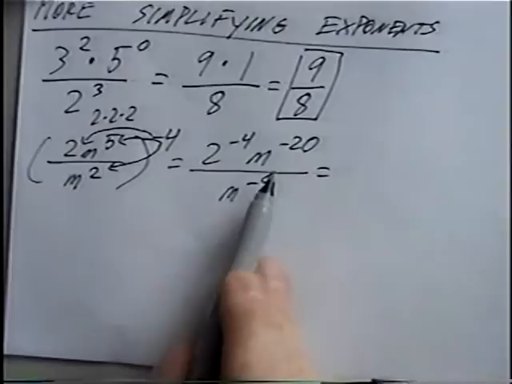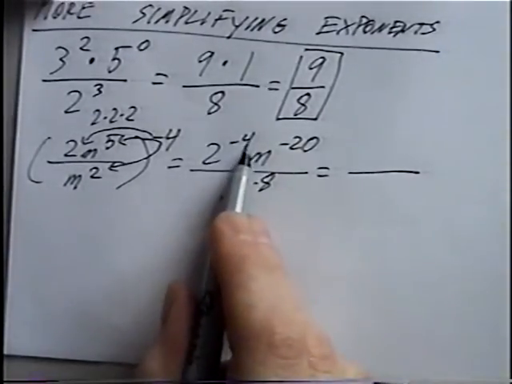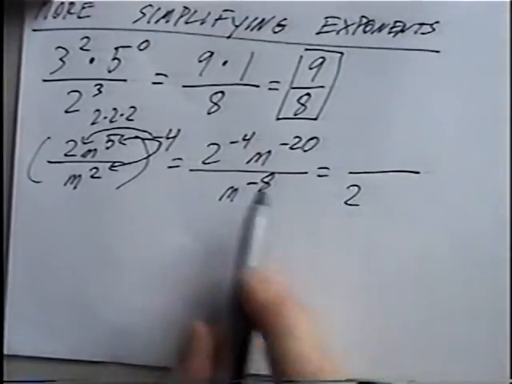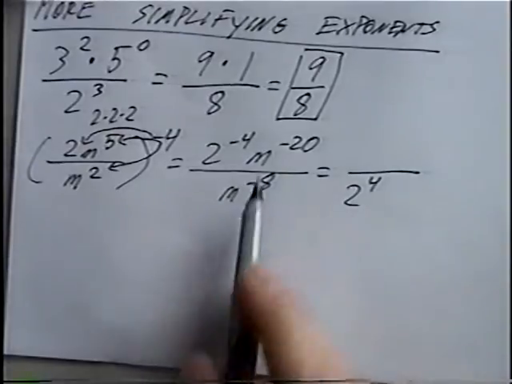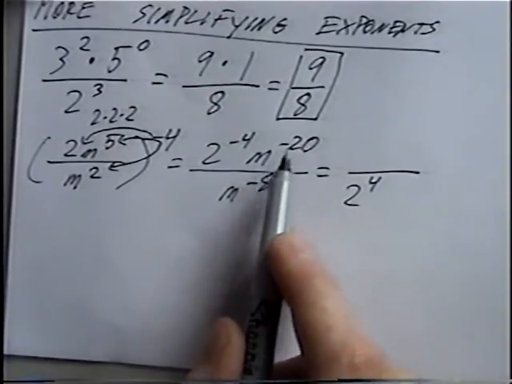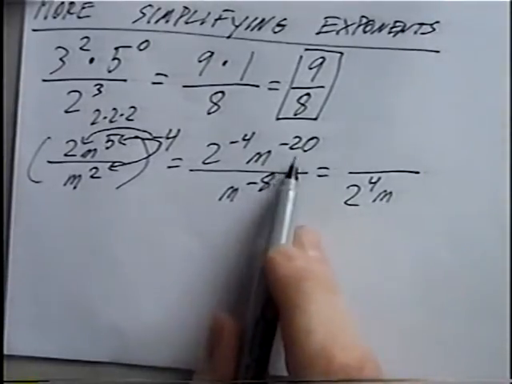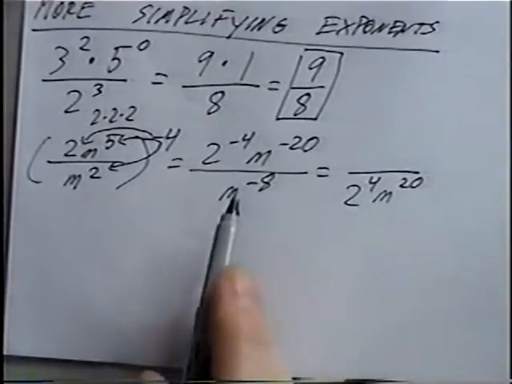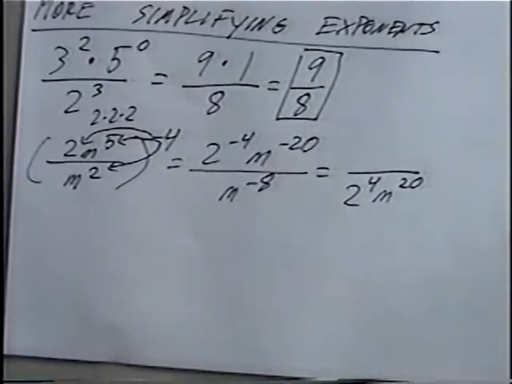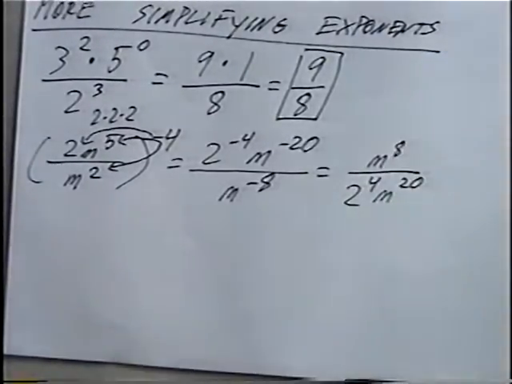Any negative exponents, again, are going to switch the fraction. 2 to the negative 4, the 2 goes to the bottom of the fraction, from top to bottom, becomes a positive 4. The m is also in the numerator or top of the fraction with a negative exponent. That'll go to the denominator or bottom, and the 20 becomes positive. Also m to the negative 8. It's at the denominator or bottom of the fraction. It'll switch to the top and become a positive 8.